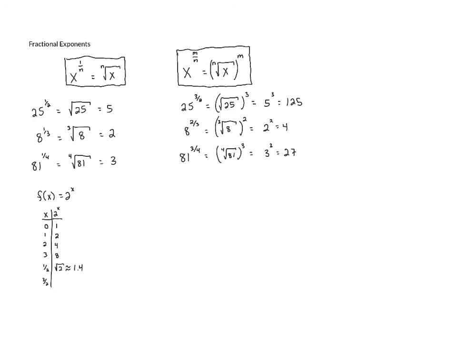If we have 2 to the 3/2 power, that's the square root of 2 cubed, which is approximately equal to 2.8. So this opens the doors to evaluating an exponential expression where the exponent isn't an integer, and this is also going to be useful and important as we move forward and look at logarithms.